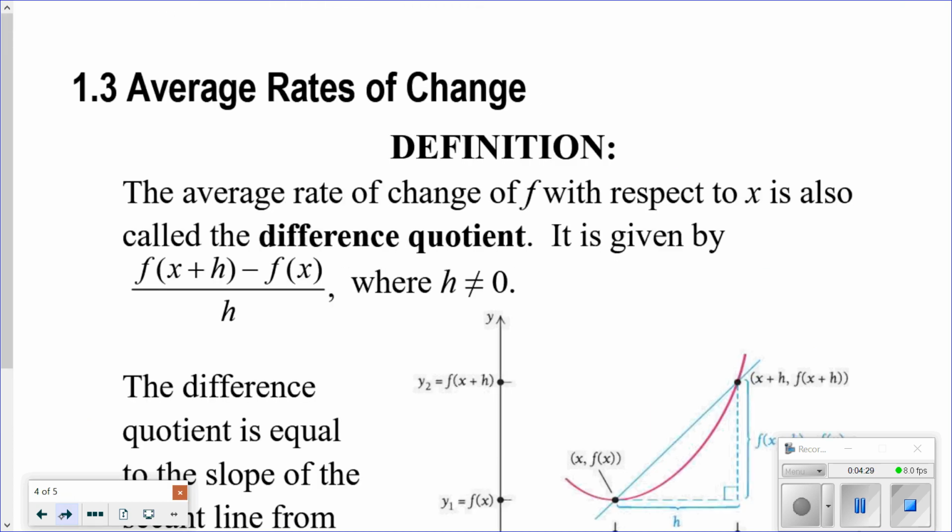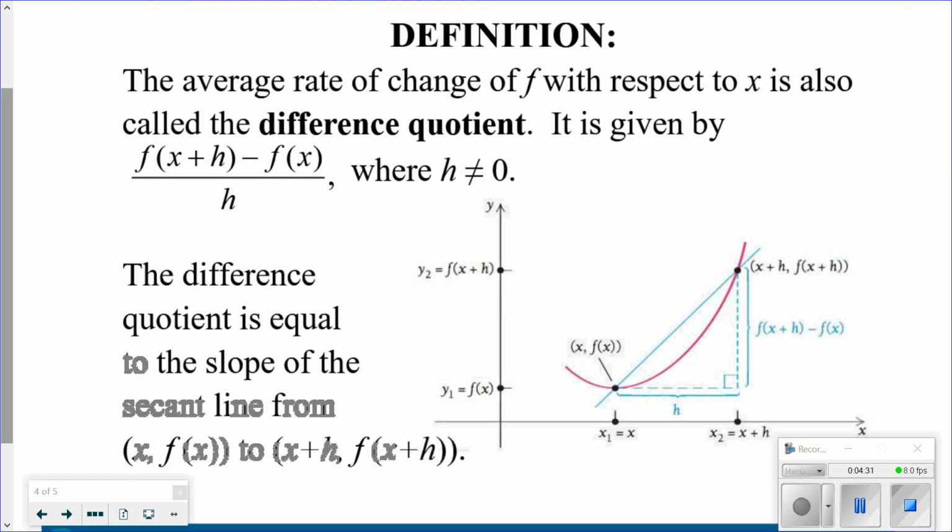Okay. Let's suppose that we did not want to have all these different variables. We've got f of x2, we've got f of x1, we've got x1, we've got x2. Let's suppose I just wanted to use x. So instead of having all these x1s, x2s, I just want to use x.